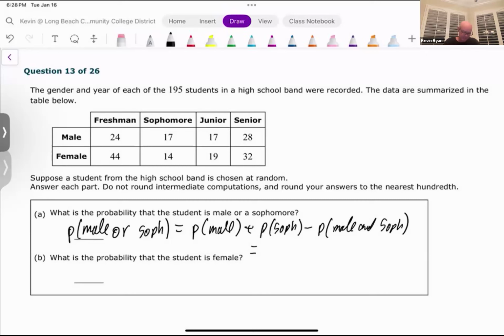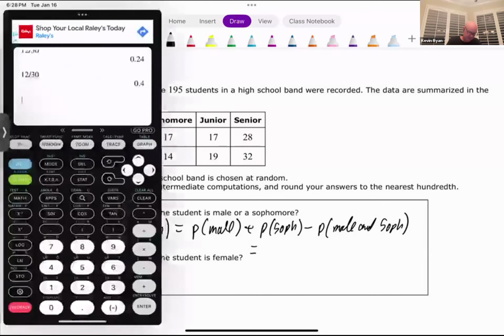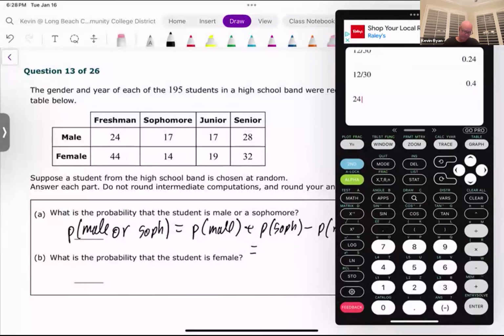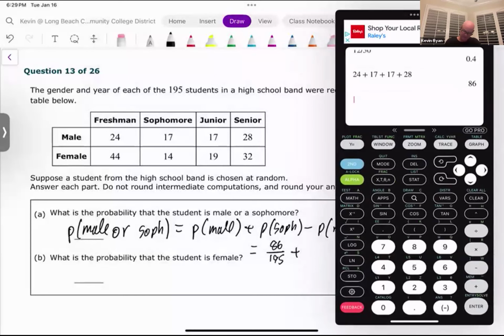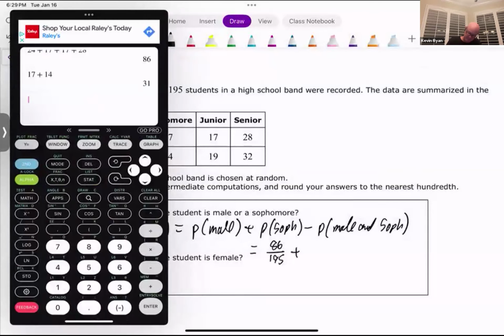So probability male, how many males are there? Let's see, we got 24 plus 17 plus 17 plus 28. 86 out of the 195. Number of sophomores, 17 plus 14. 31 out of 195.